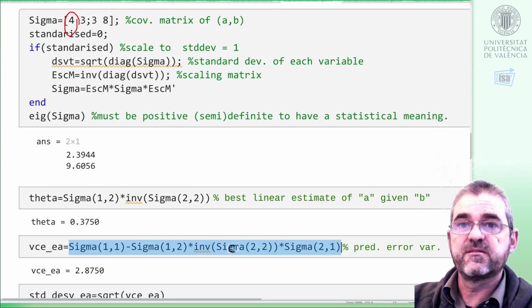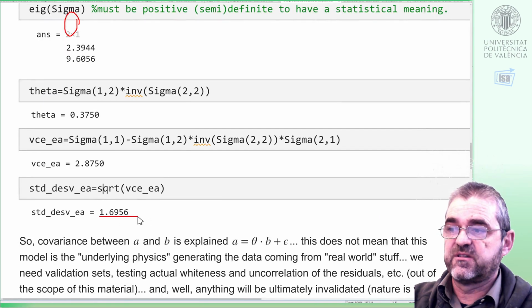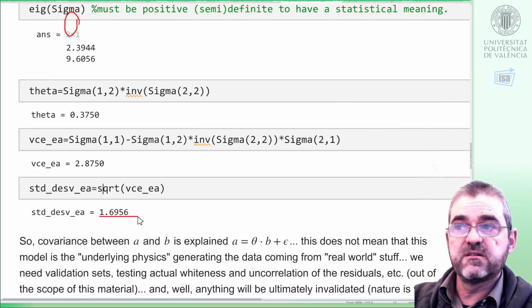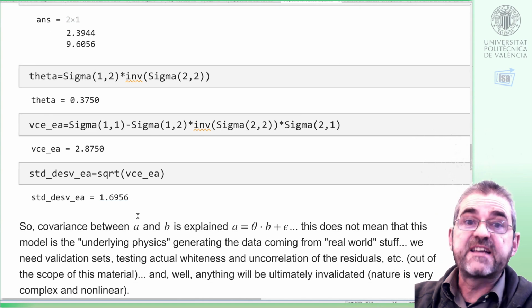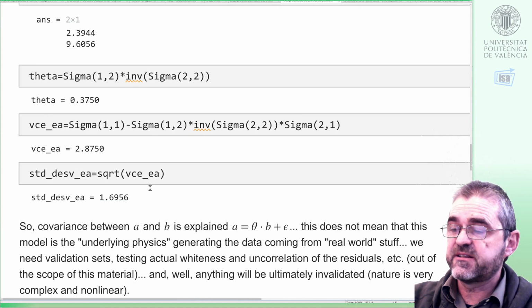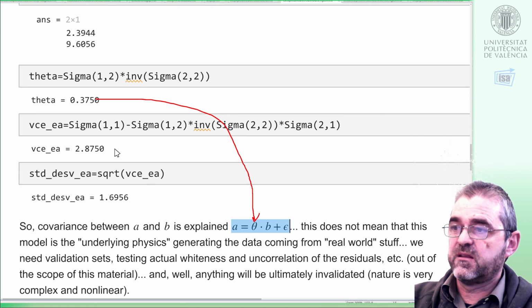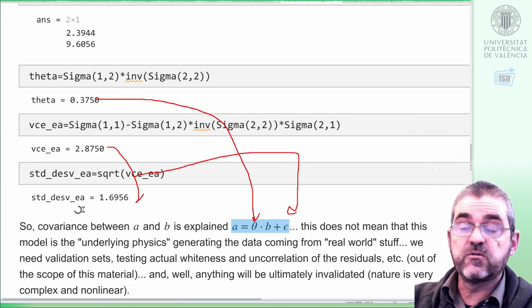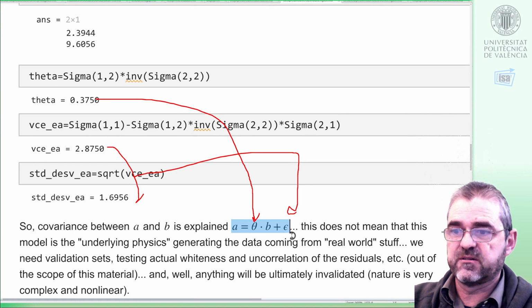This expression here results in 2.9. The standard deviation is 1.7. So we explained that observed covariance with this model having this theta and having this variance or standard deviation of this additive noise epsilon.